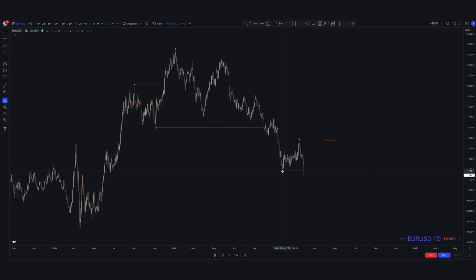Now we have, after this push, a more significant pullback for us to mark this as our strong low. I mean, sorry. Yeah, so strong high and then we had the pullback. Yeah, no, now we had this weak low. Sorry about that.